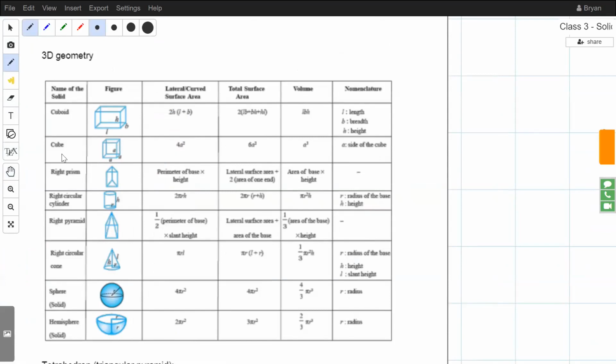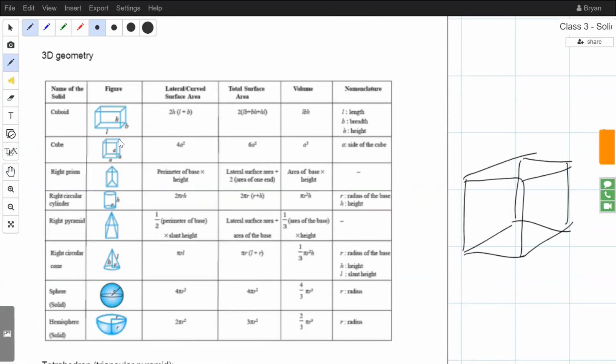First we have a cuboid, or basically a rectangular prism, which I'll combine with a cube. You can make it by taking any rectangle, like a piece of paper, and stacking it on top of each other over and over again until you have a block.